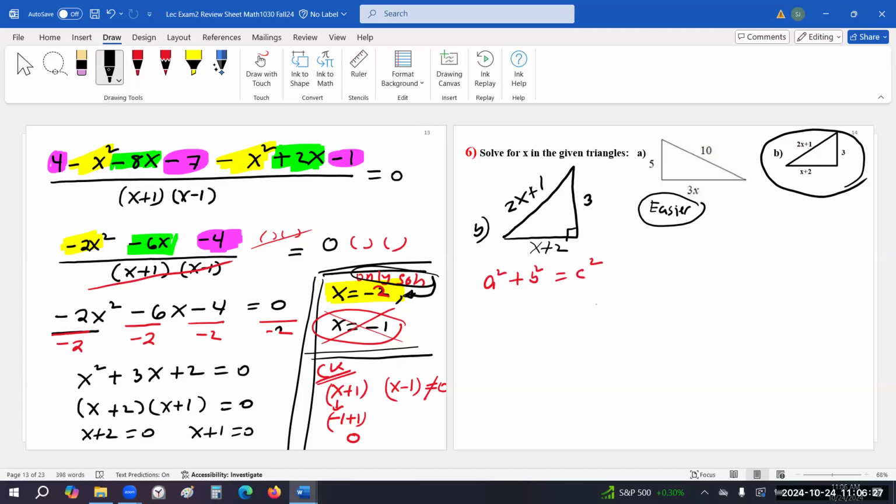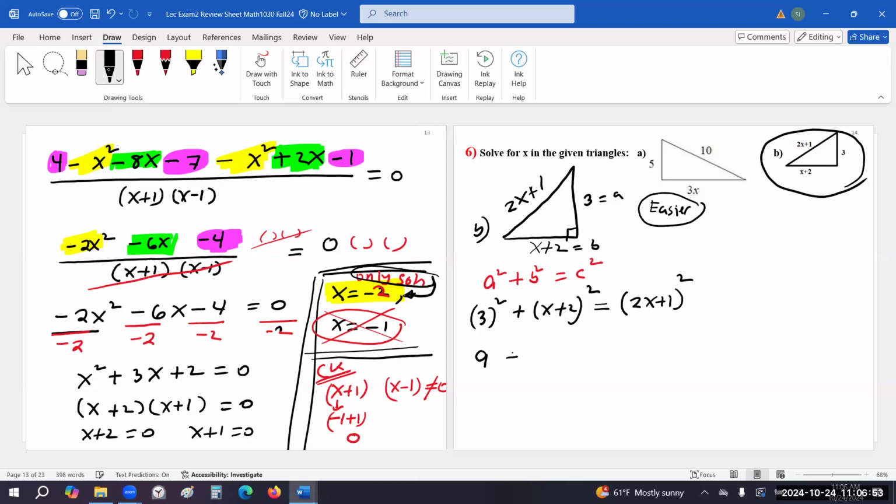In a triangle, what is your C? It's always the hypotenuse. So in this case, it's 2x plus 1. A and B don't matter. Let's say this is our A and this is our B. So we have 3 squared and x plus 2 squared.